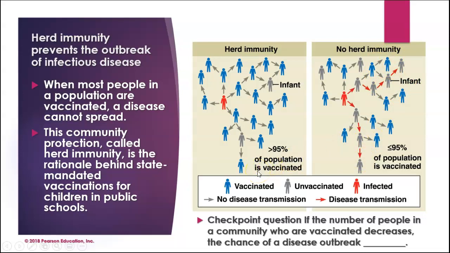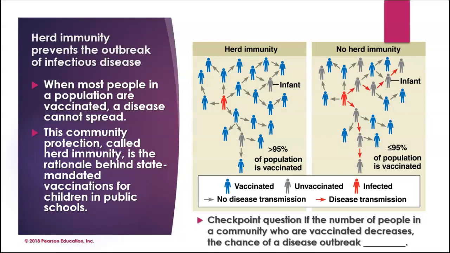So it's really important. And the checkpoint question here says, if the number of people in the community who are vaccinated decreases, the chance of a disease outbreak does what? Well, if you decrease the number that are vaccinated, you're going below this 95% level. That means the chance of a disease outbreak increases, because you're more likely to have people who can catch that disease.